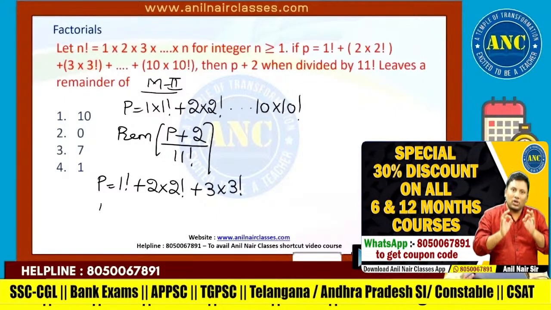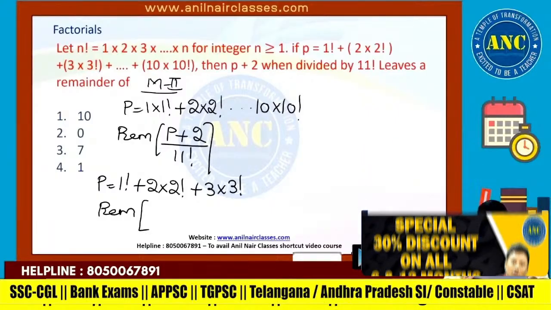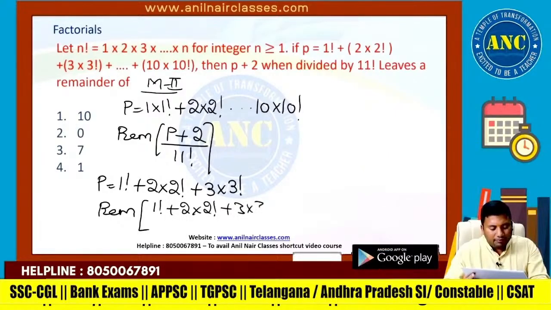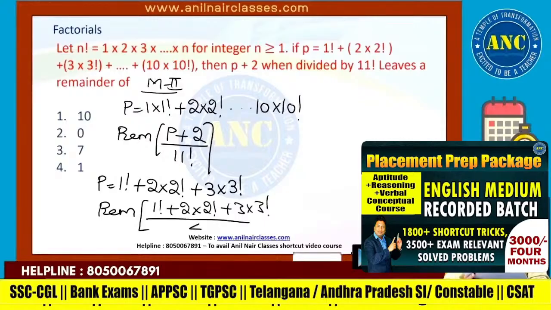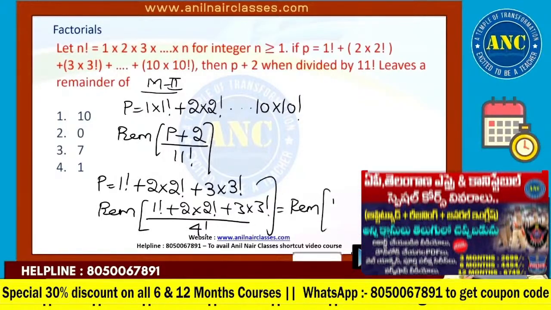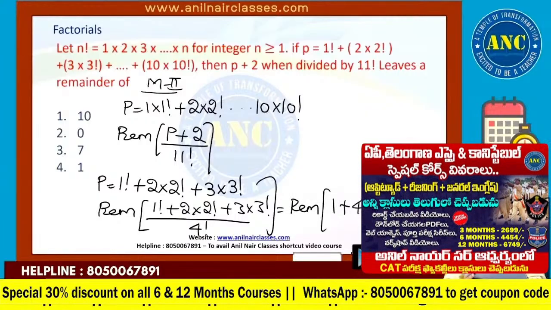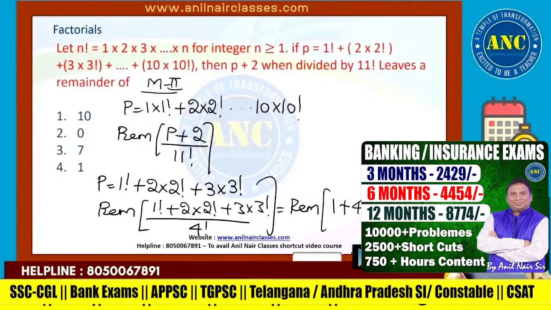If I take 3 values, it is ending with 3 factorial, so the denominator is 4 factorial. 1 plus 2 twos are 4, 6 threes are 18.